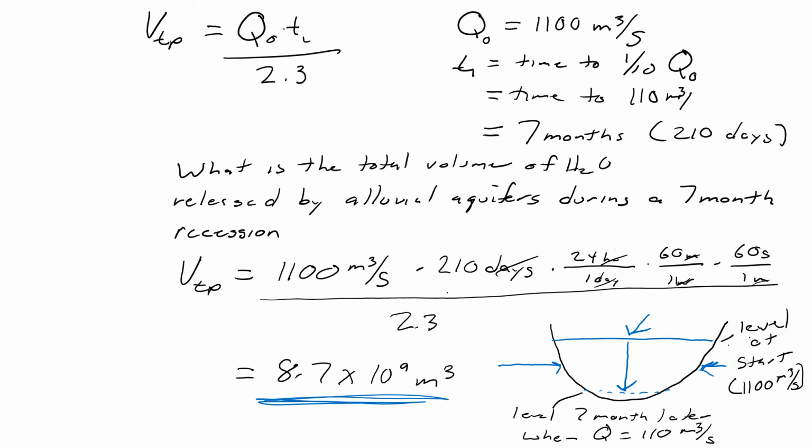But if it got short-circuited early, if it only dropped over 6 months, we'd have to adjust this. Let me give you an example here. I hope this helps answer the question.